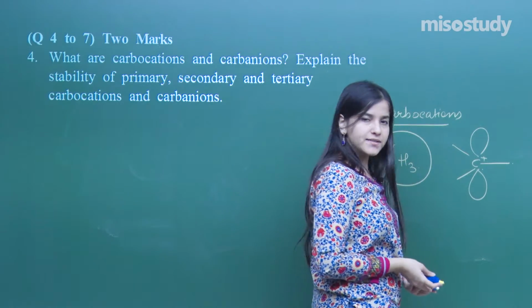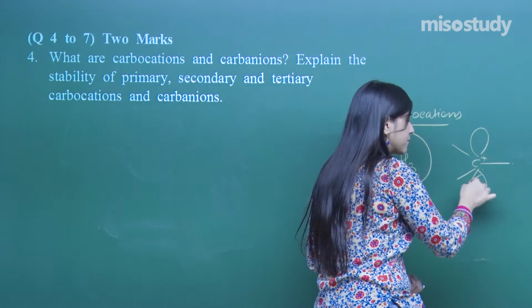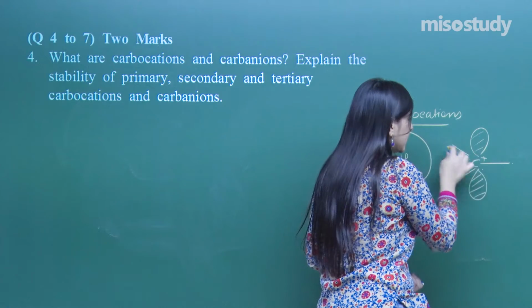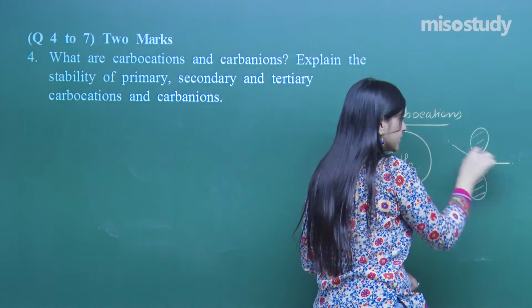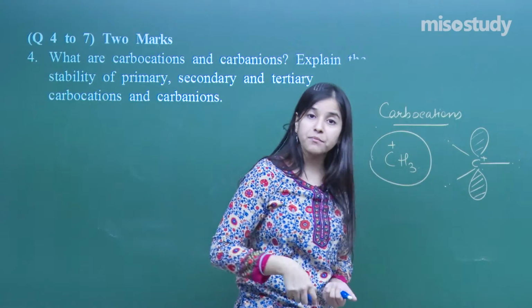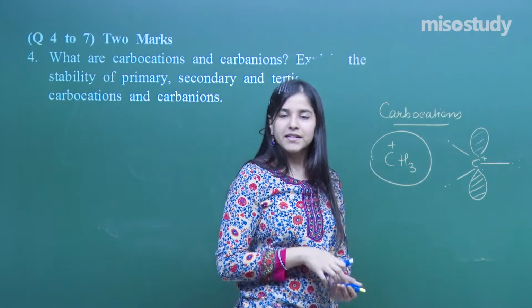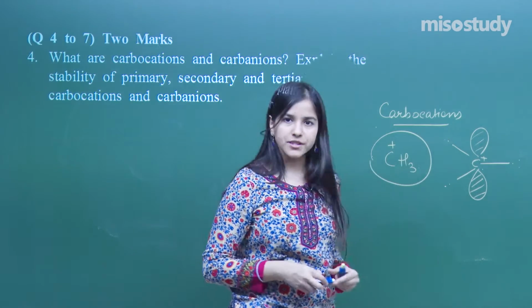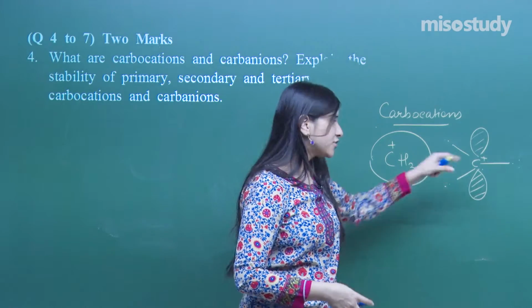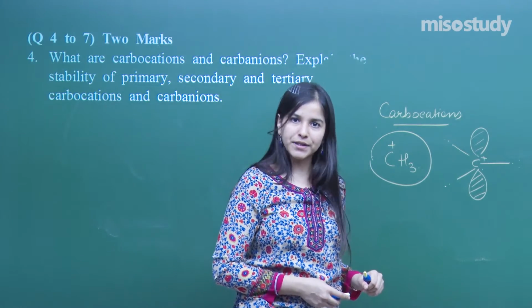Having a positive charge, that means there are no electrons, this is an empty orbital, right? And this is bonded with 3 species, maybe hydrogens, maybe some more carbons, some more R groups, right? That would lead to the formation of a carbocation. So it has got a deficiency of electrons, you see it, right?